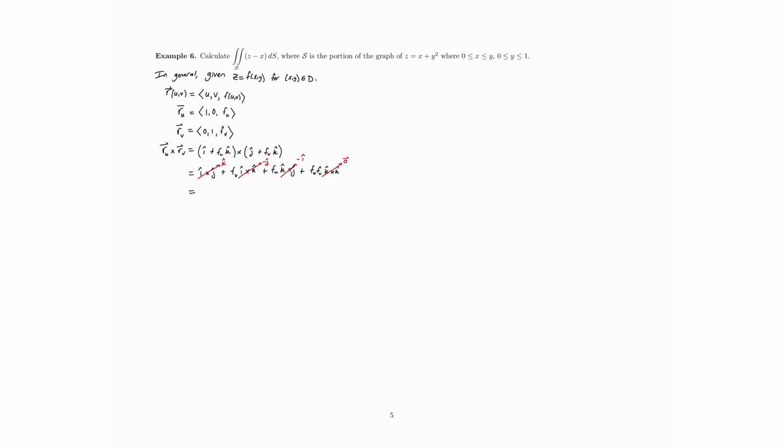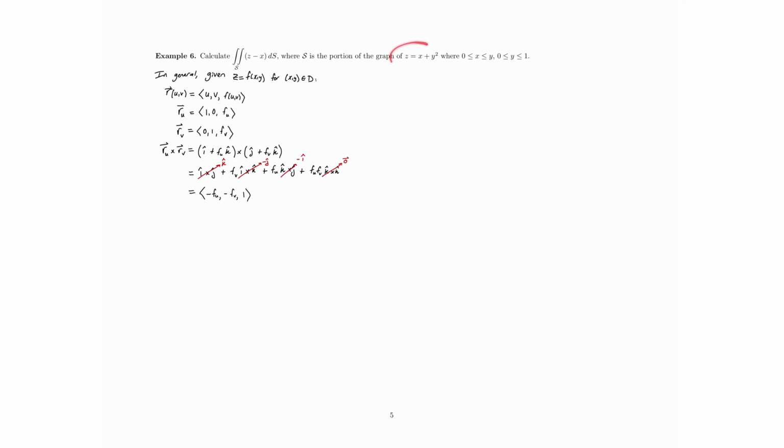So then this will end up being the vector negative f sub u, negative f sub v, 1. So that is the cross product every single time, no matter what we change our function to.